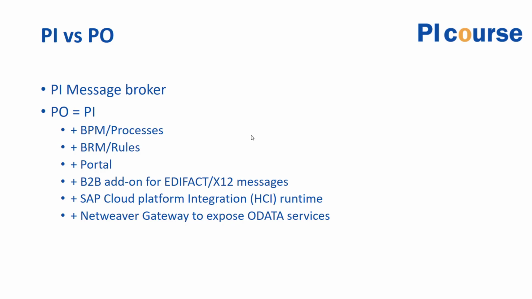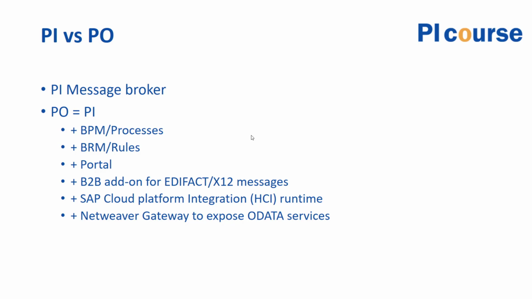Then there are 2 more services left. They're a little different, but at least it's also something that runs on the platform. One is the SAP Cloud Platform Integration, previously called HANA Cloud Integration, that has a runtime capability here. So if you have some of these scenarios and want to run them locally, you can run them using this tool.